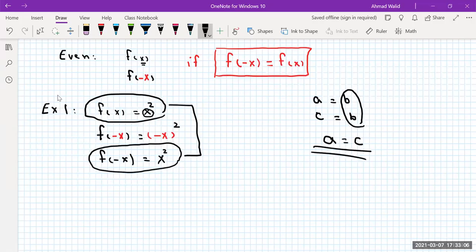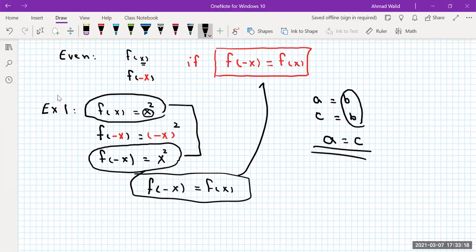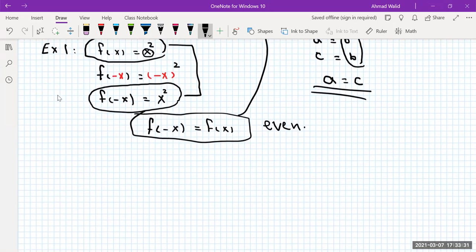Then based on this rule, can I write f of negative x equals f of x? Definitely yes. Look at this. Your f of x becomes equal to f of negative x. It means your function is what? Your function is even. To give you an idea why we call these functions even, even functions are always symmetric about the y-axis.